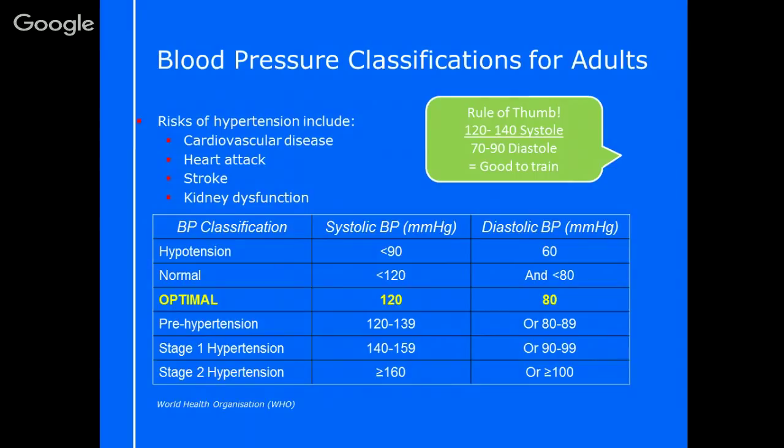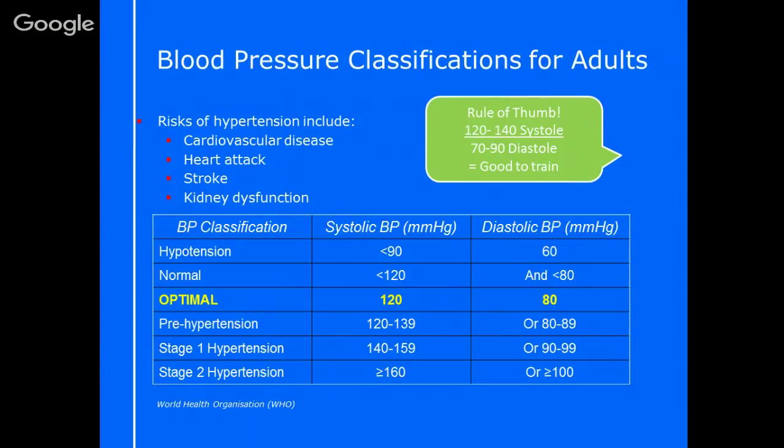Now they're at a point where we can go, cool, we can get that blood pressure back down to optimal just with some exercise, some changes to nutrition, and you're going to prevent them from becoming dangerously ill with hypertension. So pre-hypertension goes all the way basically up to 140 over 90. Now, if you look back at your rule of thumb, that comes back to that 140 over 90. That's the top end that you're going to take.